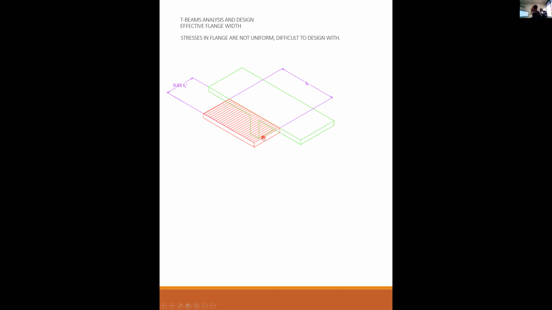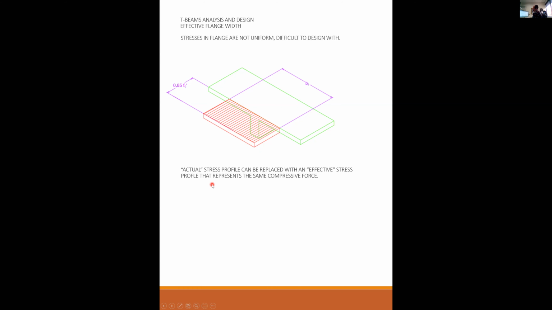Only for the Whitney stress block, before we knew what the width was, we just needed to calculate what the depth was, little a. Here, we don't know what the width is, because the width is not the whole width of concrete, it's some effective width, b sub f. The stress in the Whitney stress block is the same, 0.85 f prime c, just like we did for beams.